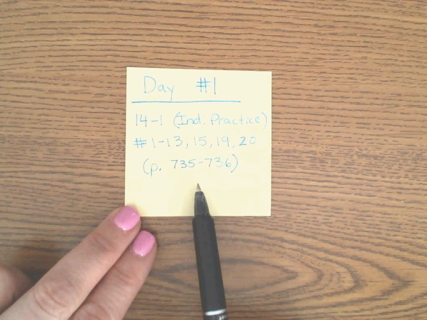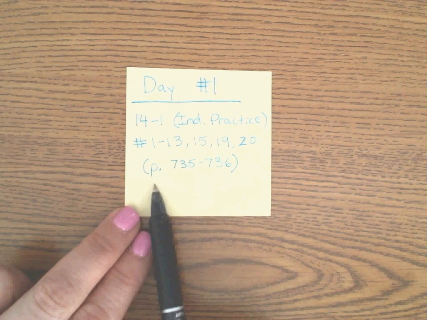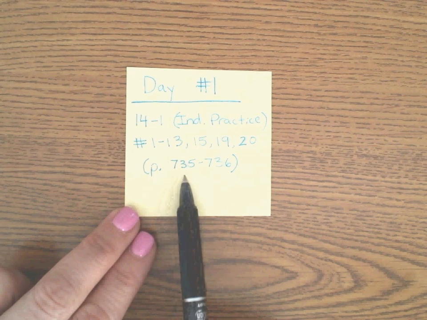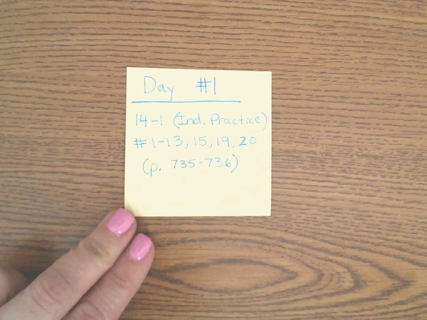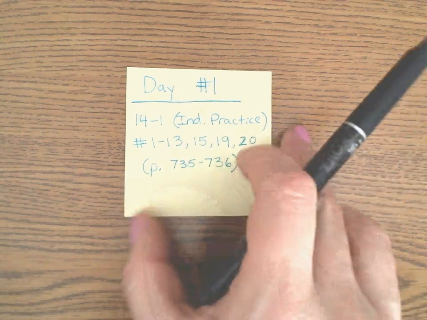We did eliminate question 16, which was on the original paper, and that's on pages 735 to 736. And once you finish your independent work, if you could take a picture or a screenshot and email it to us so that we can grade it that day, that would be awesome.